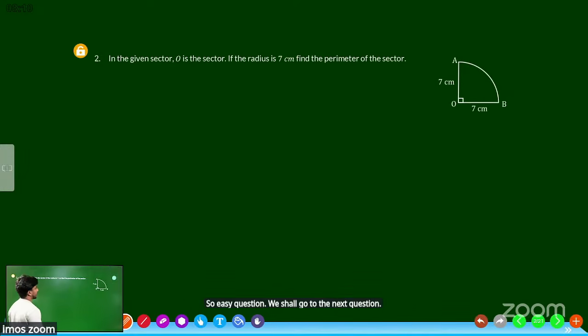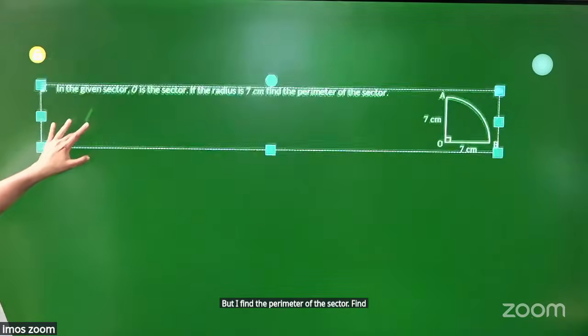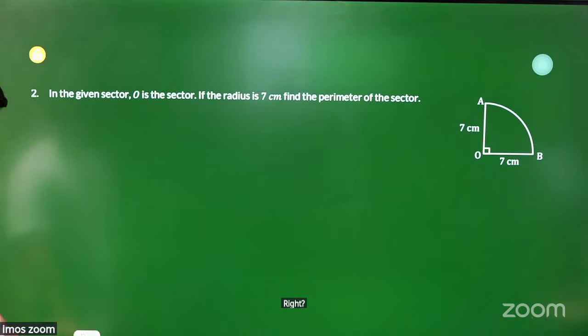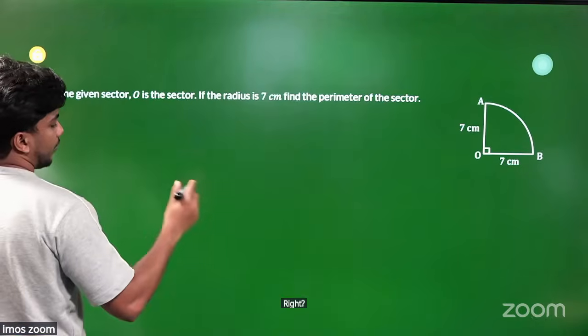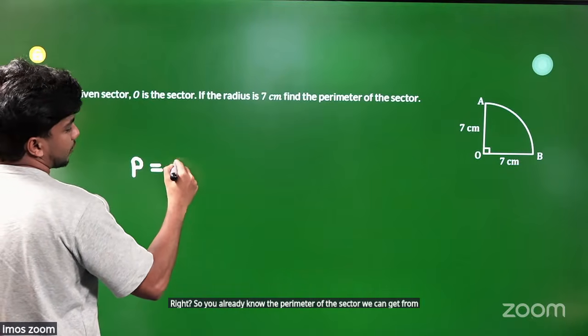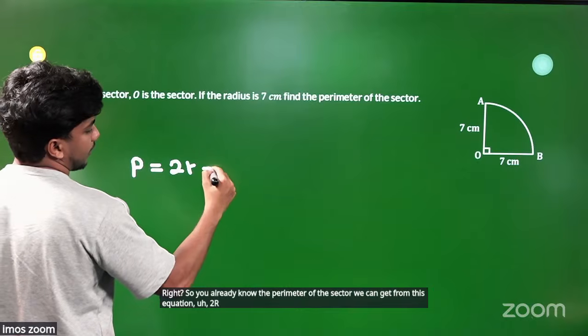Find the perimeter of the sector. You already know the perimeter of the sector we can get from this equation: 2r plus arc length.